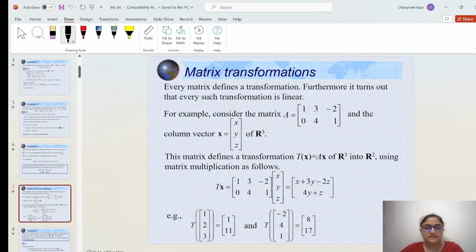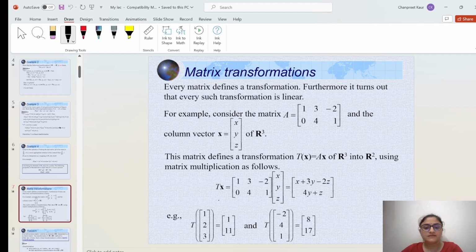So a matrix defines a linear transformation like this. We take T applied to X as AX. So this T is clearly a mapping from R cube to R square. This X was a vector in R cube arranged in a column form. So Tx equals Ax is a linear transformation.